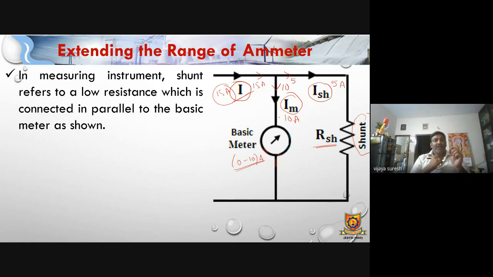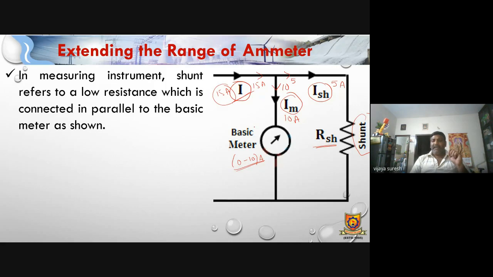So you need to select how much resistance to keep as the shunt resistance. Let us say the meter has a certain amount of internal resistance. The ammeter or voltmeter or wattmeter, whatever it may be, has a certain coil, as we have discussed in the previous cases, such as electrodynamometer type wattmeters. So the meter consists of a coil, and that coil has a certain amount of resistance.